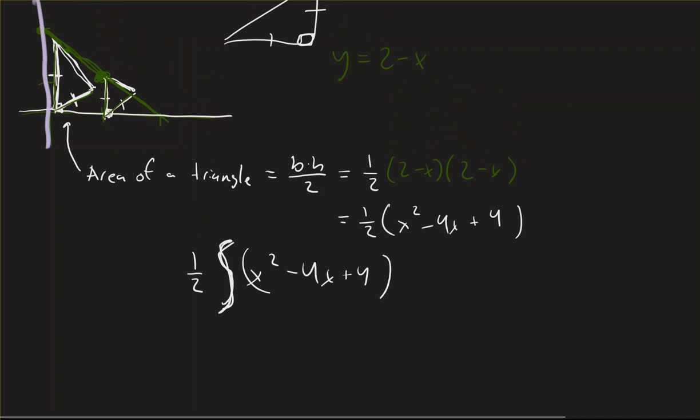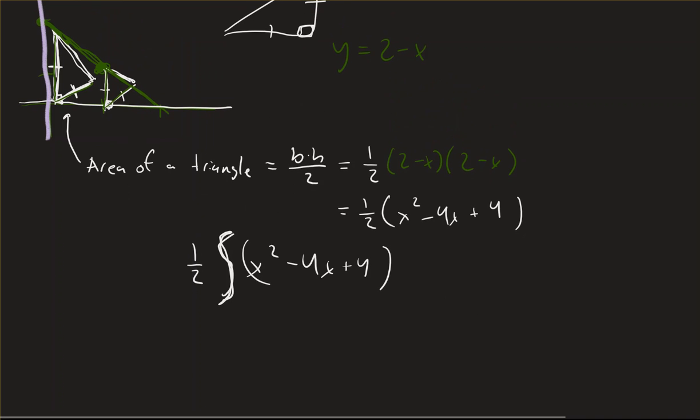So that's making sure that we have infinitely many of these, and they are infinitely thin, and so sometimes people like to refer to the thickness as dx. It's kind of like the width. And so now I've got my picture here. I can see the x values for y equals 0, x equals 0, and y equals 2. The x values are from 0 to 2. So I would integrate from 0 to 2.